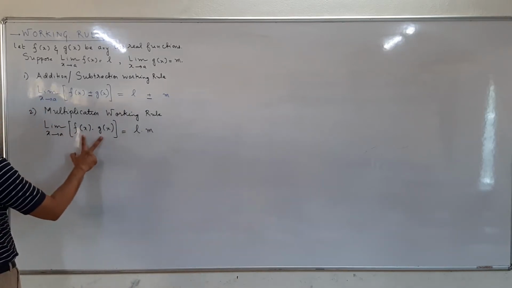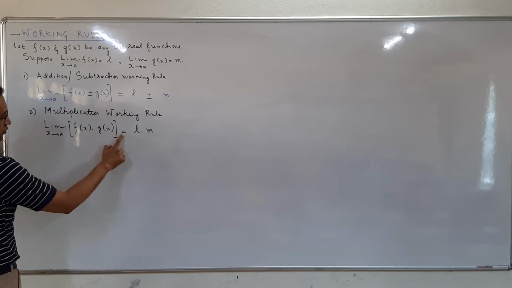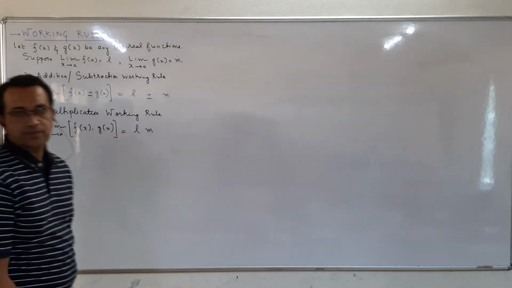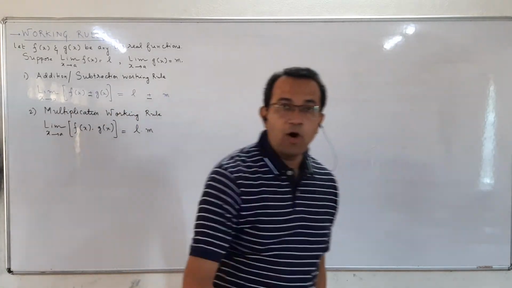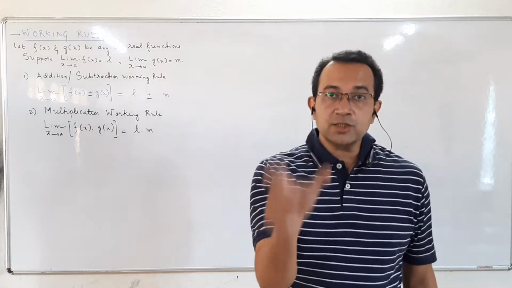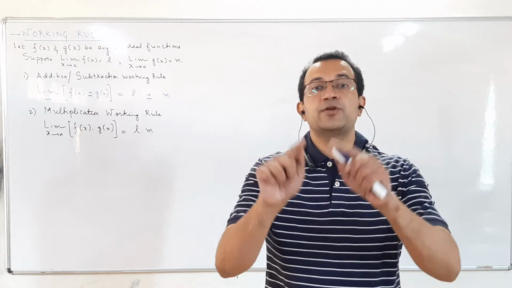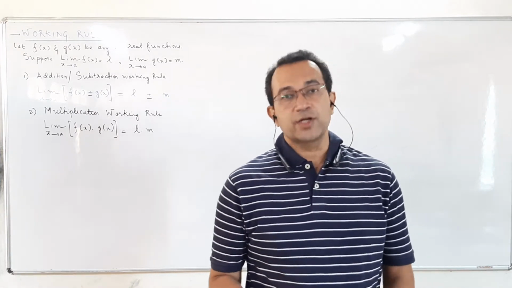Limit of product of two functions is equal to the product of limits of both the functions. Limit of product of two functions is equal to product of limits of individual functions.